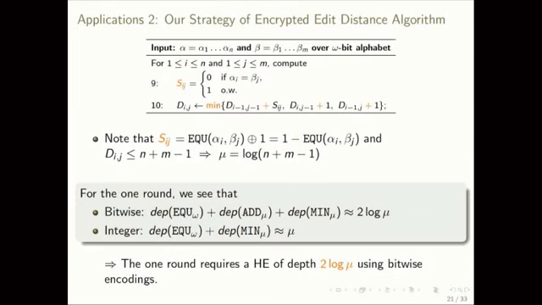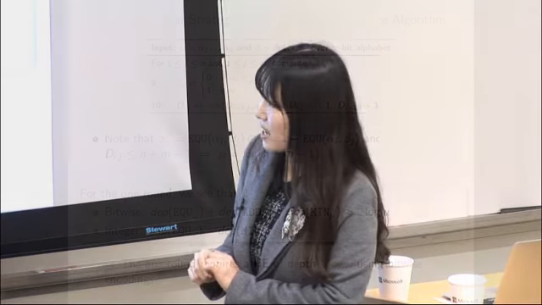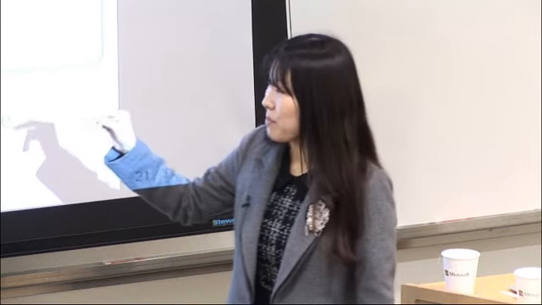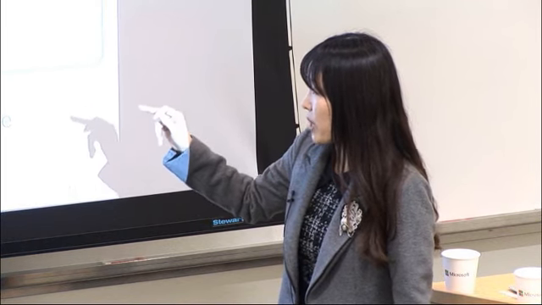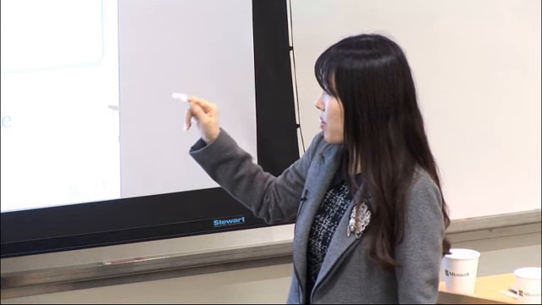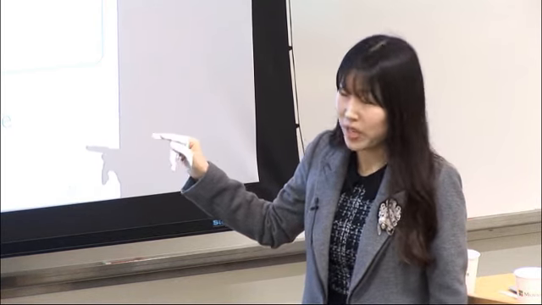So for this one round, if we use bitwise encoding, then the total depth is depth of equality circuit over mu over omega plus depth of add circuit over mu bit plus depth of minimum circuit over mu bit.